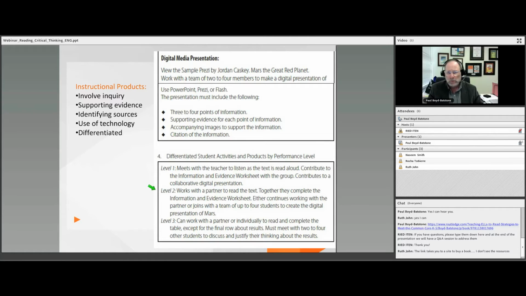Together they complete information and an evidence worksheet, and they continue working with partners, or they can join a larger group to create the digital presentation. Level 3, I'm going to ask them to partner up after reading individually and to create their presentation. And I'm looking for 2 to 4 other students to discuss and justify their thinking about their results.